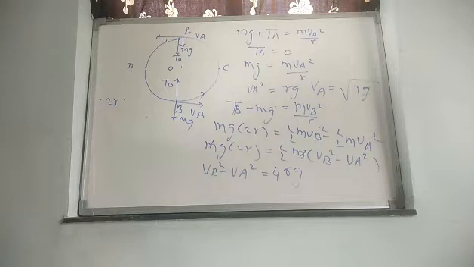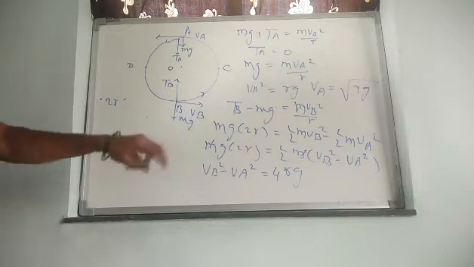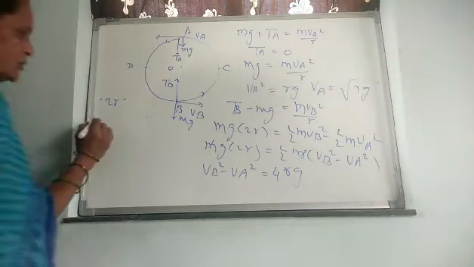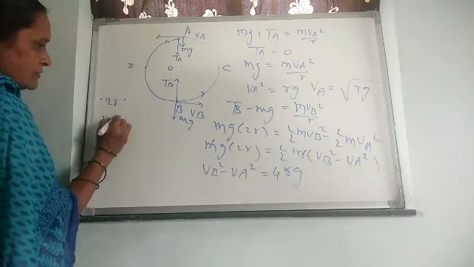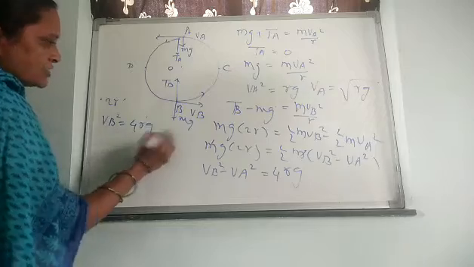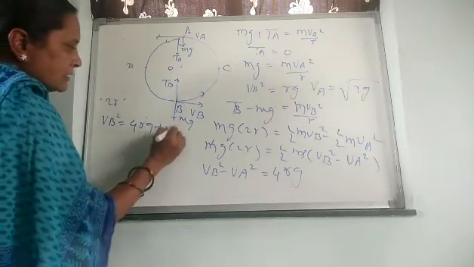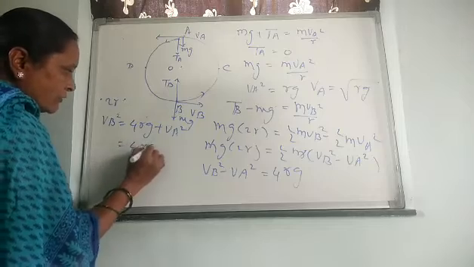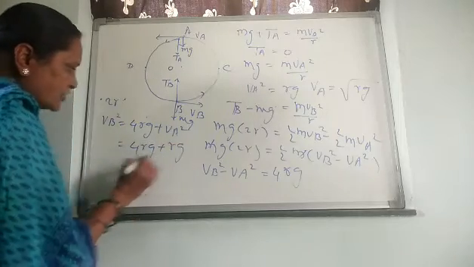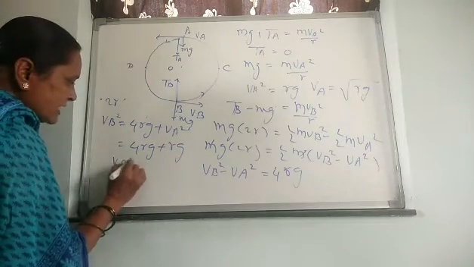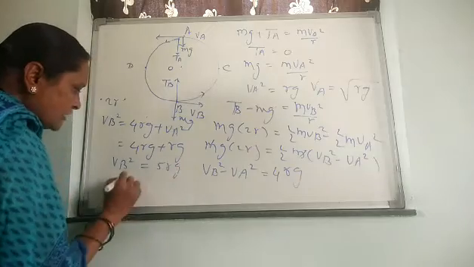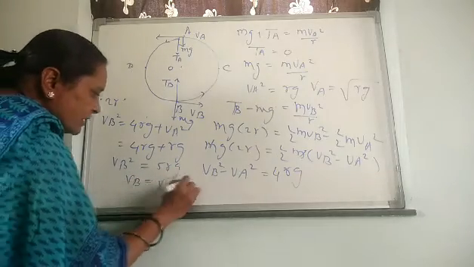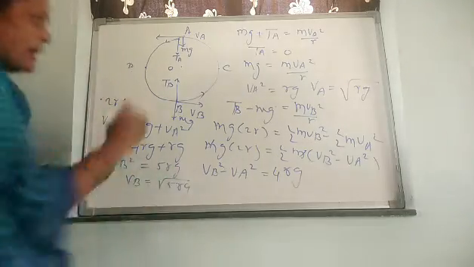Here, Va is equal to under root Rg, so Vb square is equal to 4Rg plus Va square, that is 4Rg plus Rg. That means Vb square is equal to 5Rg, so Vb is equal to under root 5Rg.